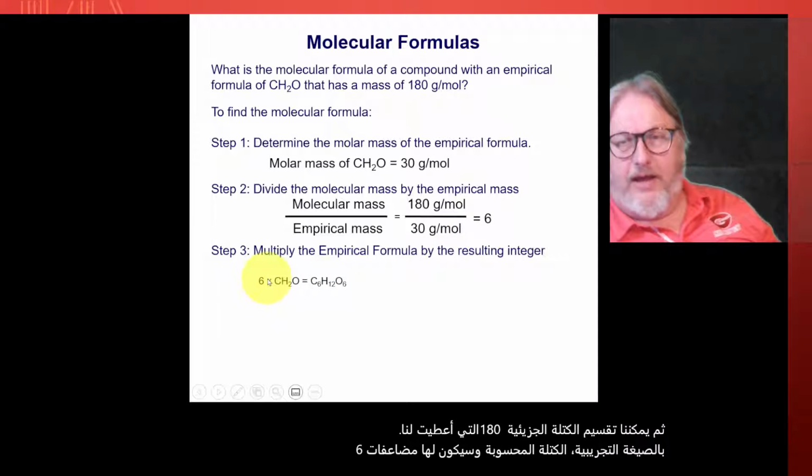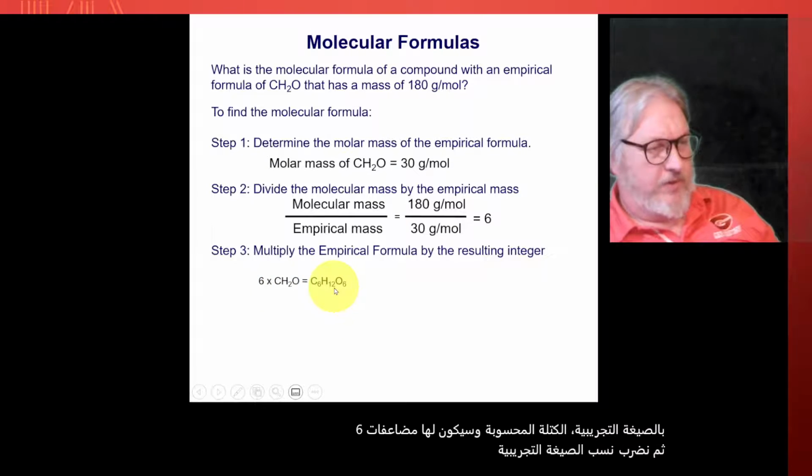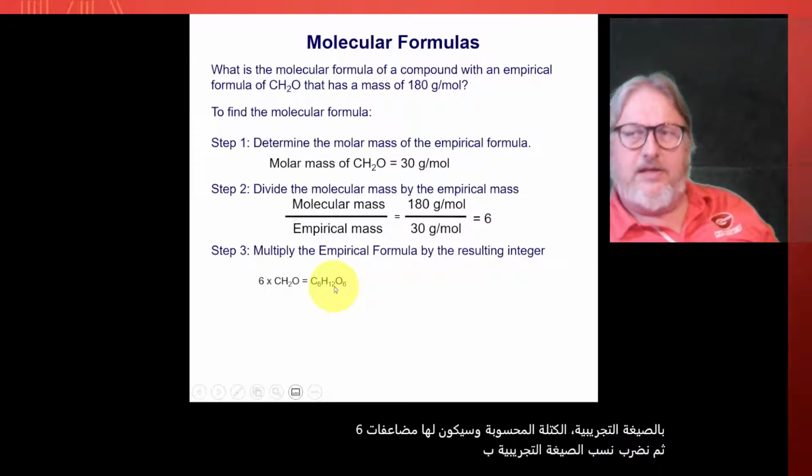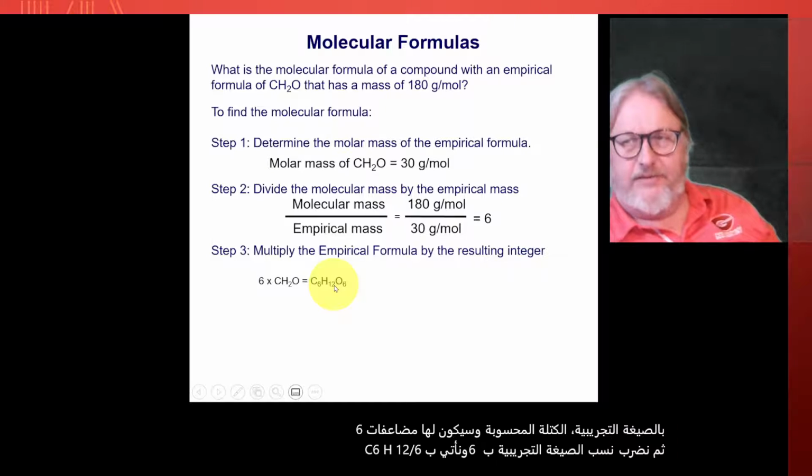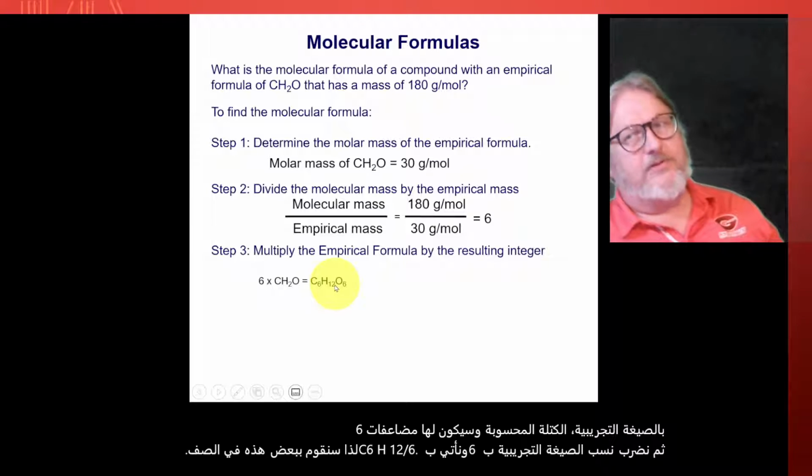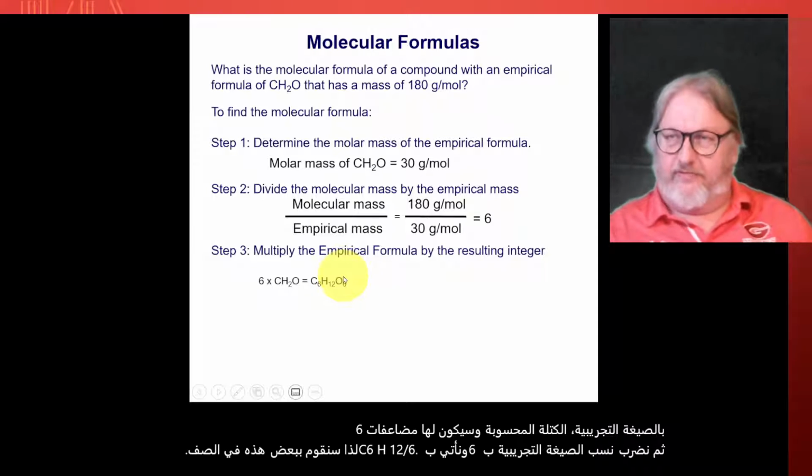So then we multiply the empirical formula ratios by 6, and we come up with C6H12O6. So we'll do some of these in class: empirical formulas, the percentage compositions, and the molecular formulas.